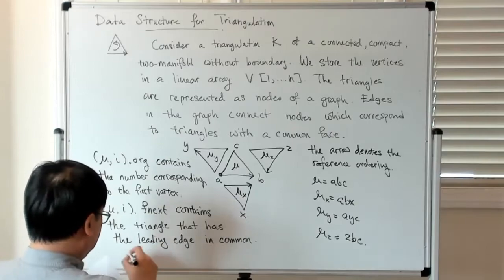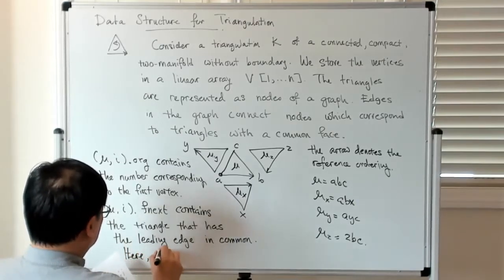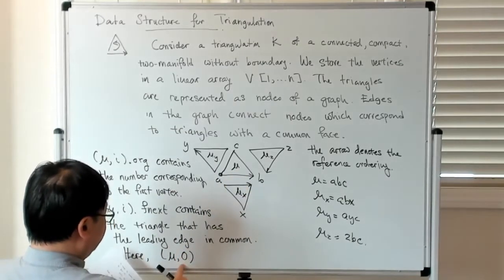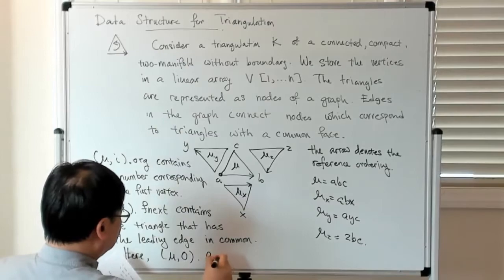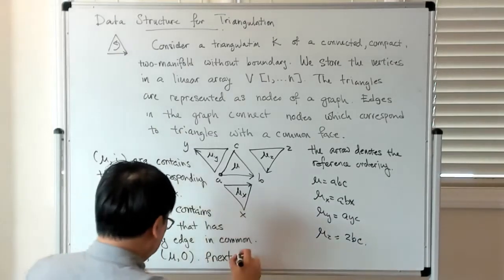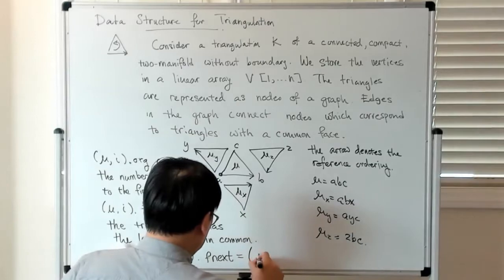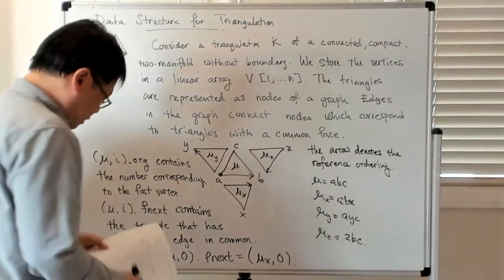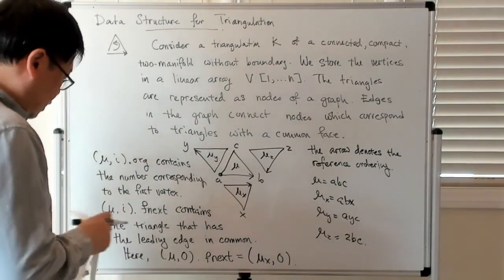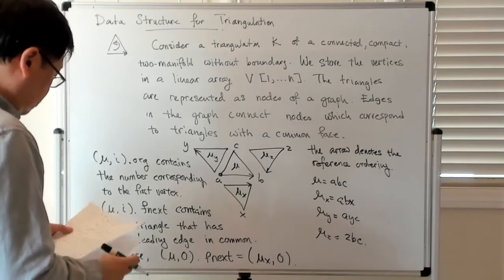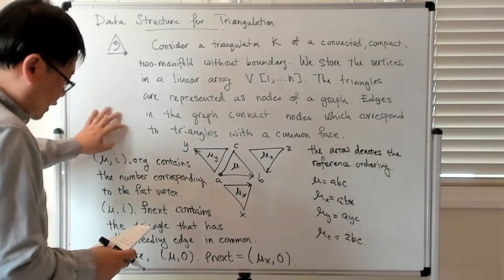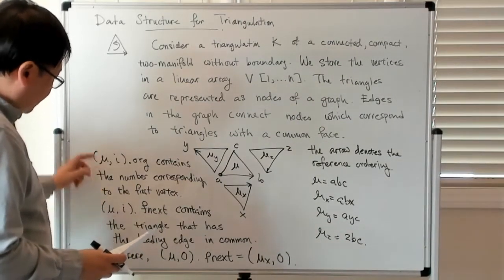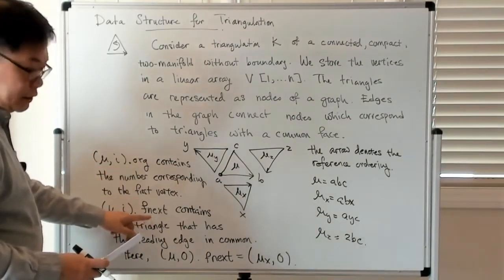So if you take mu comma 0, this triangle with the 0 orientation, and you take f next to it, this is equal to just mu x comma 0. So with that, you just create a bunch of operators which basically read these internal pointers.